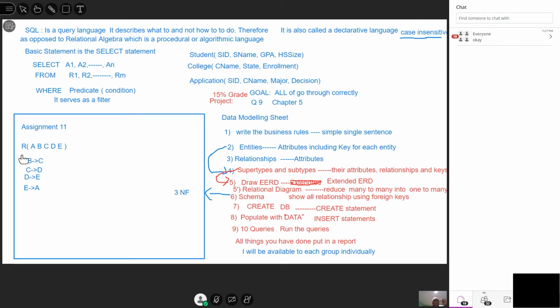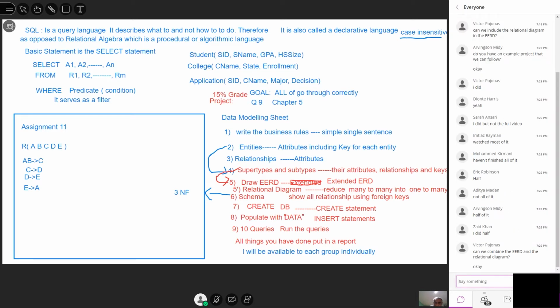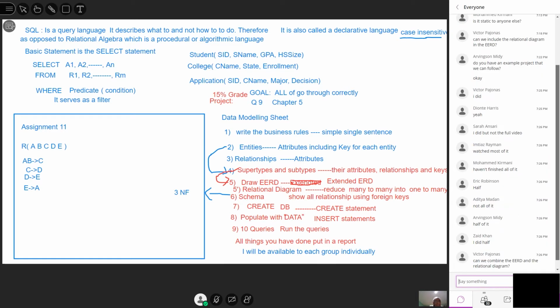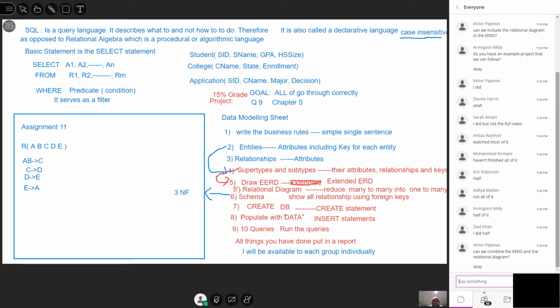Let's first look at the closure of AB. The closure of AB is equal to AB, and then you can get C from there, and from C you can get D, and from D you can get E. So it looks like B is going to be part of everything.